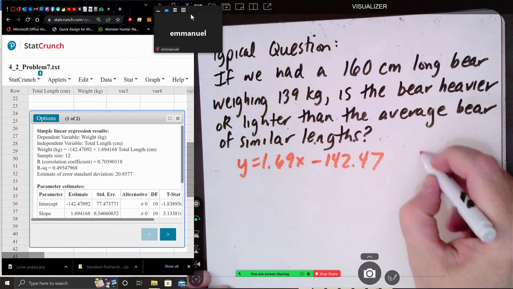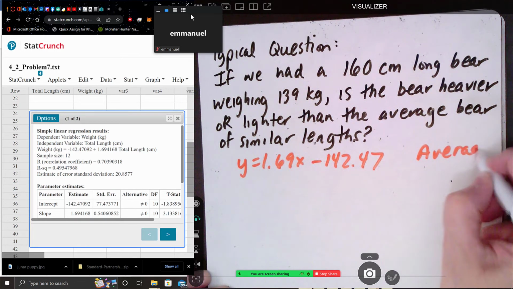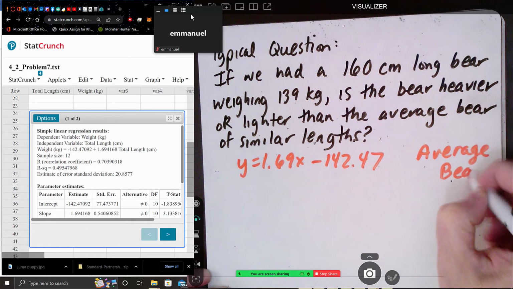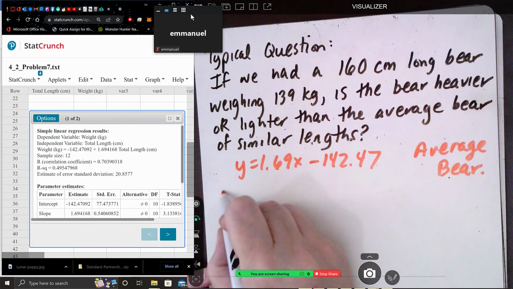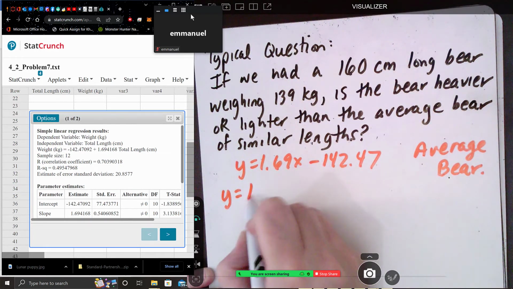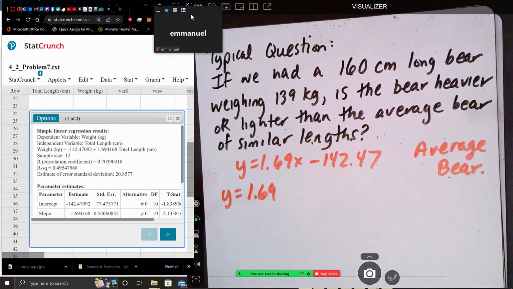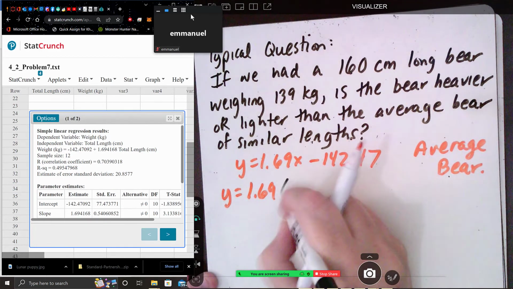This is the average bear. So let's figure out what an average bear would weigh of that length. We're going to plug in the 160 centimeters.